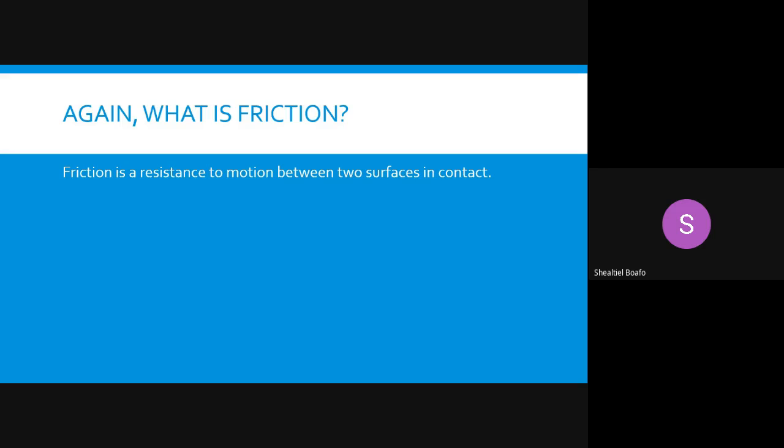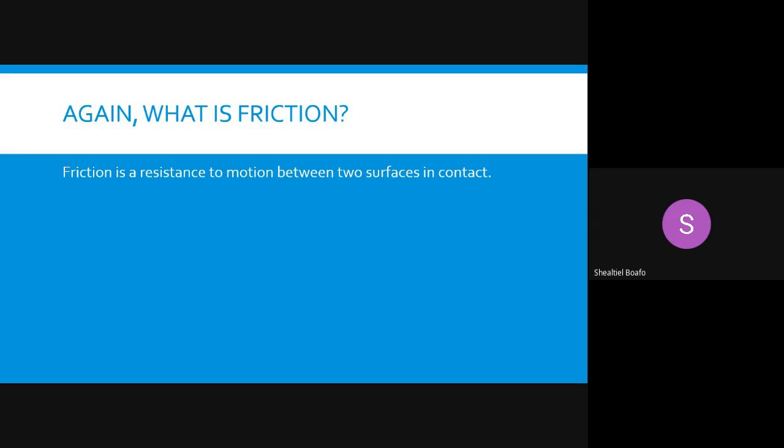But the moment we go to further classification and say static friction, then you have to mention that the two surfaces in contact are not moving, they are stationary. That's the essence of the word static. Do you understand that? Yes.